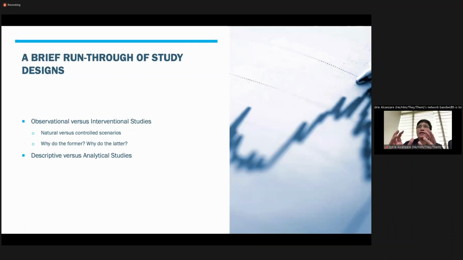So for the latter, your analytical studies, they try to establish, if not a basic correlation, an actual causal relationship between the exposure, so your one variable, and then your outcome, another variable.